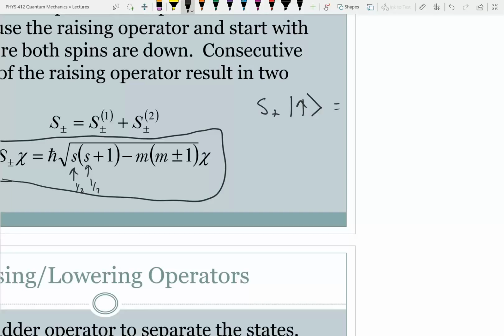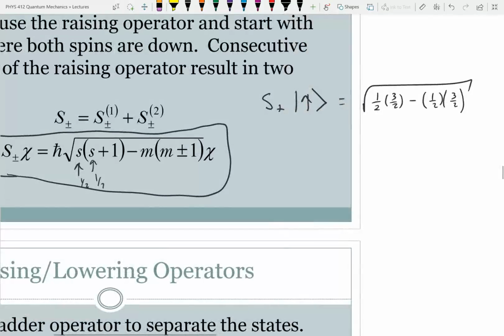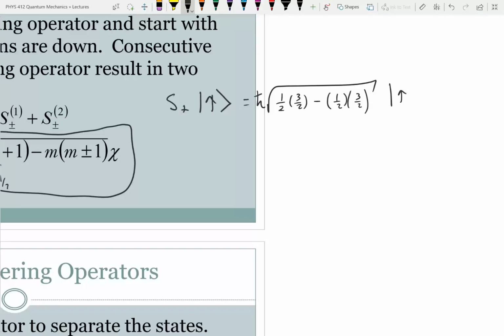So we have 1/2 times 3/2, well, I'll write it out. This is spin up, so M is 1/2. And because it's an S plus, it's going to be 3/2. 1/2 times 3/2 minus 1/2 times 3/2. Very nice. I forgot to put my h bar. Okay, so it's 0. Muy bueno. It's what it's supposed to be.